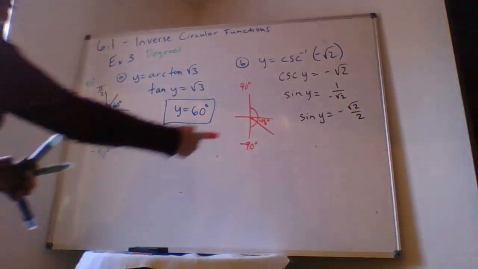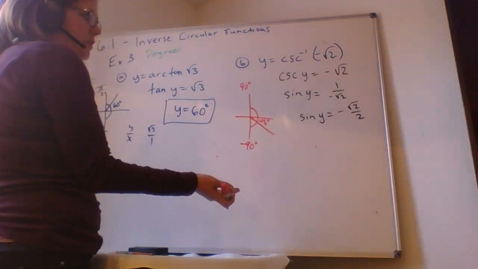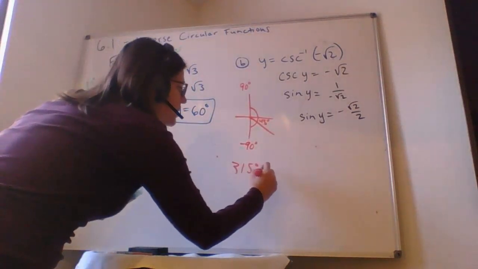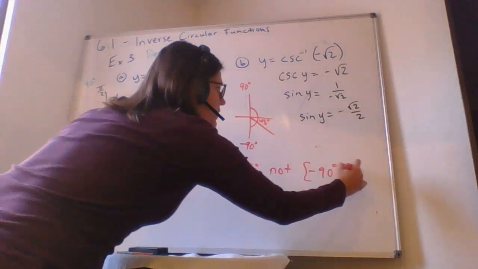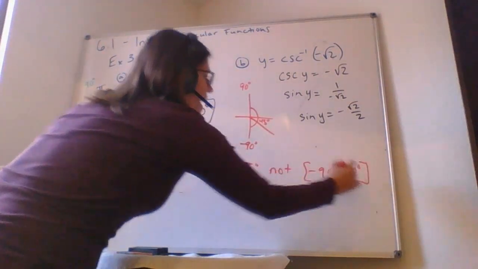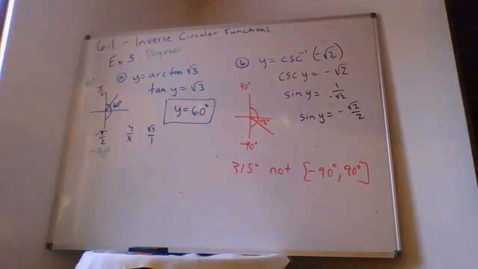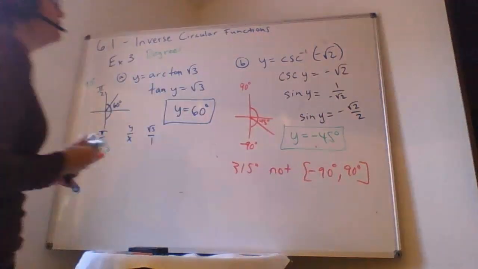I can't just do 360 minus 45 to get 315 degrees, because 315 degrees is not in negative 90 degrees to 90 degrees. So the way I have to list this angle is y equals negative 45 degrees. And that's my final answer.